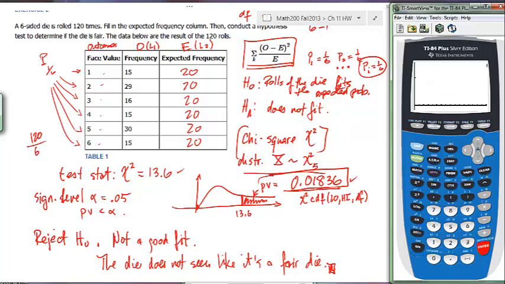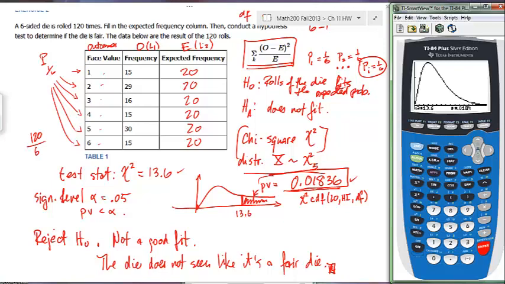And here's a drawing of the chi-square distribution. I notice it's skewed to the right. A really small area over here. Our test statistic is 13.6. Our p-value is 0.0184. So we get the same results a lot quicker.